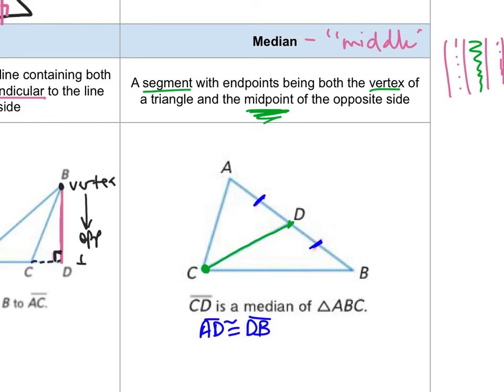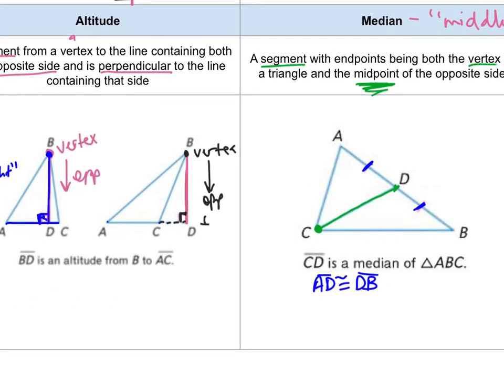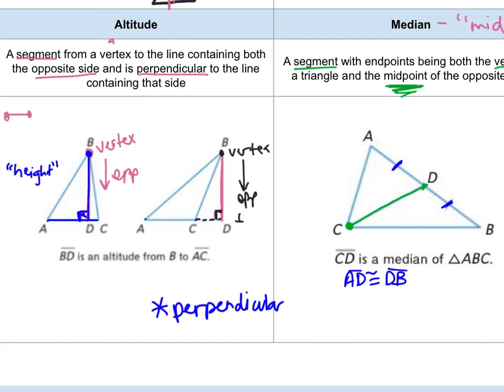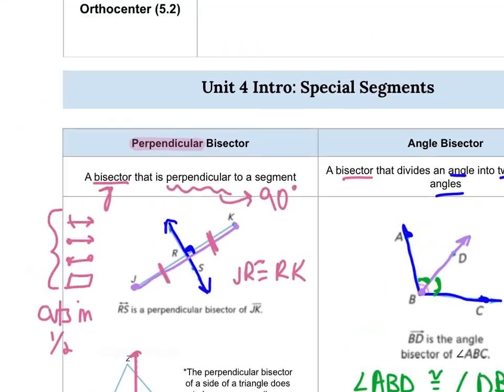The biggest difference between altitude and median, make notes of this: perpendicular. We don't necessarily have congruency created by an altitude, but the median is going to create two congruent parts, as we can see labeled here, because it goes to the midpoint, or the middle, of that segment.